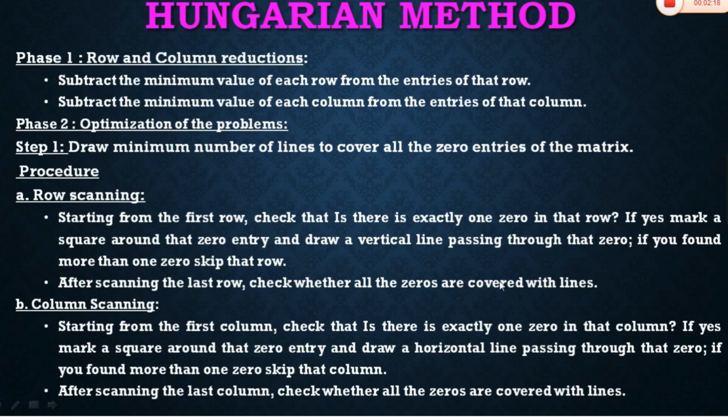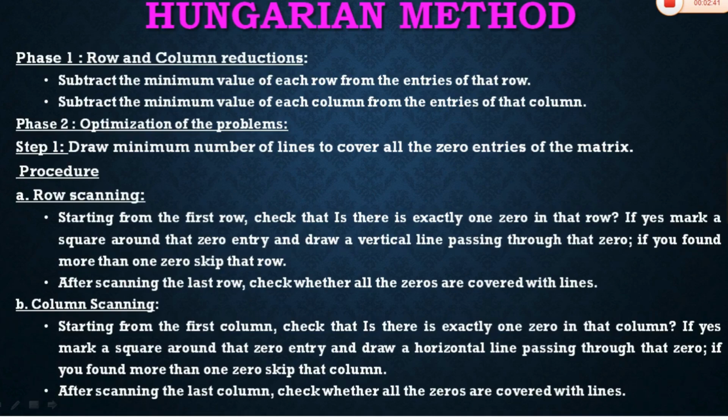Check that if there is exactly 1 zero in that row. If yes, mark a square around that zero entry and draw a vertical line passing through that zero. If you found more than 1 zero, skip that row.